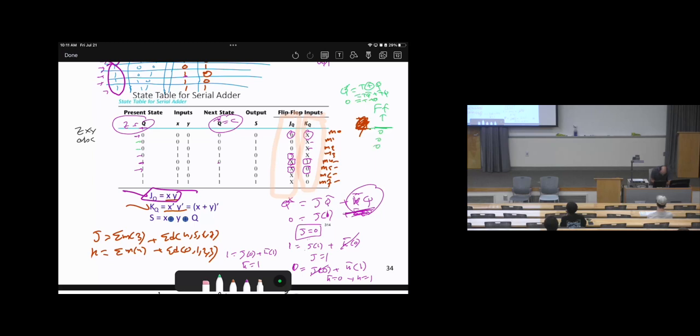Third one is 0, 0, so it will be 0. Here is 0, 1, which means Q star is 1, Q is 0. So 1 equals T Q bar, which makes T equal 1. Then number 4, we have Q is 1, while Q star is 0.